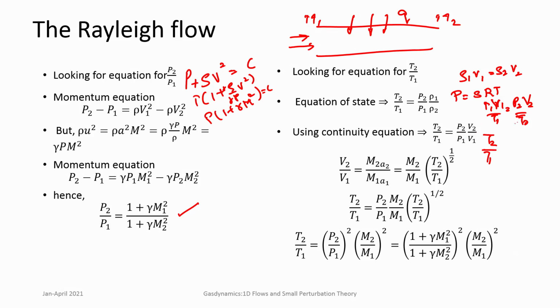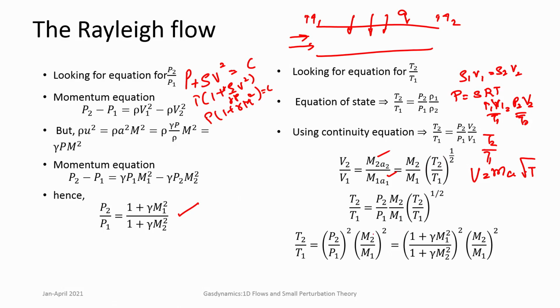T2 by T1 is P2 by P1 multiplied by V2 by V1, and V2 by V1 is the Mach number multiplied by acoustic speed, and acoustic speed goes as square root of T. So, we use all these here: M2 multiplied by A2, M1 multiplied by A1, and A2 goes as square root of T2.